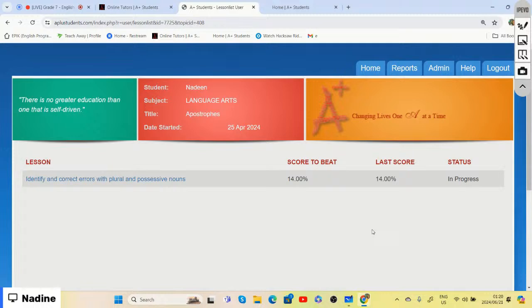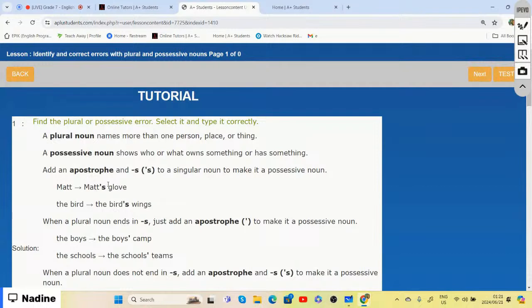And our lesson that we're going to be focusing on is identifying and correcting errors with plural and possessive nouns. All right, so that is going to be a lesson where we're going to identify and correct errors with plural and possessive nouns.